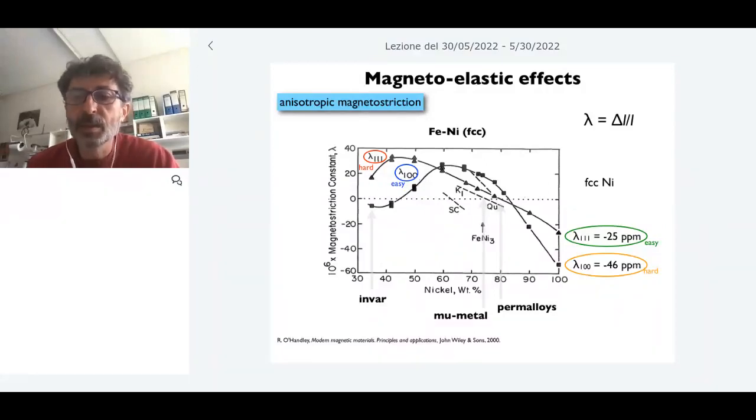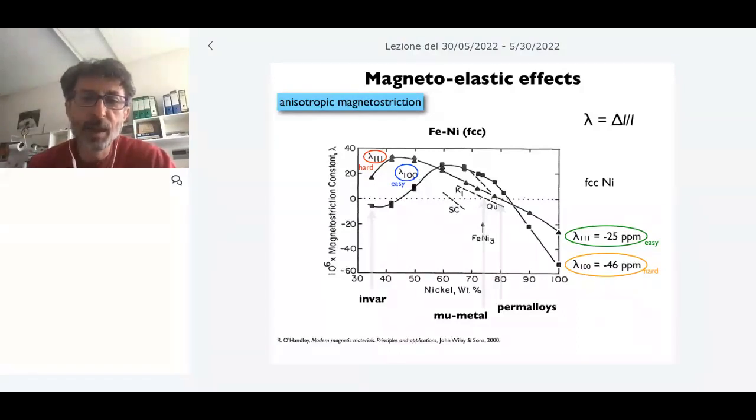And then what happens to the magnetostriction coefficients? Well, the interesting thing is that we start from something of one sign with the iron and something of the other sign for the nickel. And also the anisotropy makes something strange, because we have easy axis 100 for iron and easy axis 111 for nickel. So when we make the binary system, we pass through a lot of different and interesting materials.